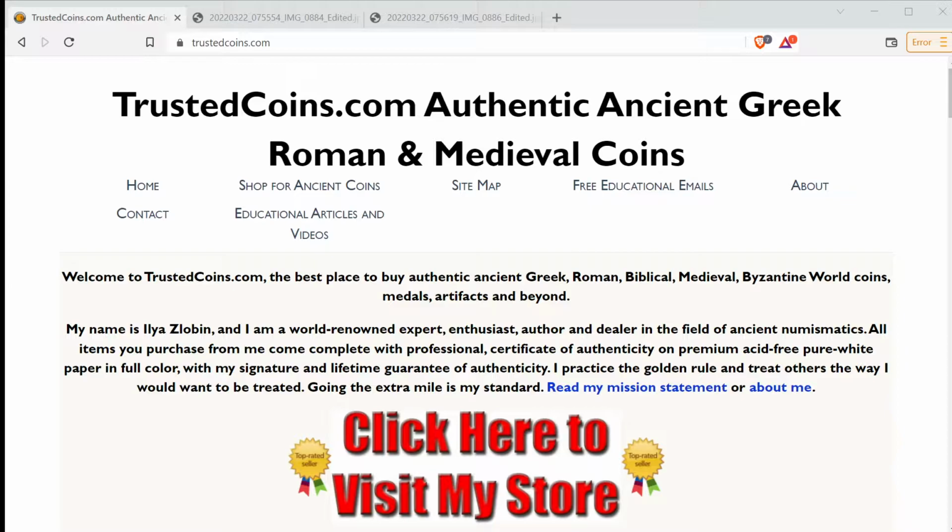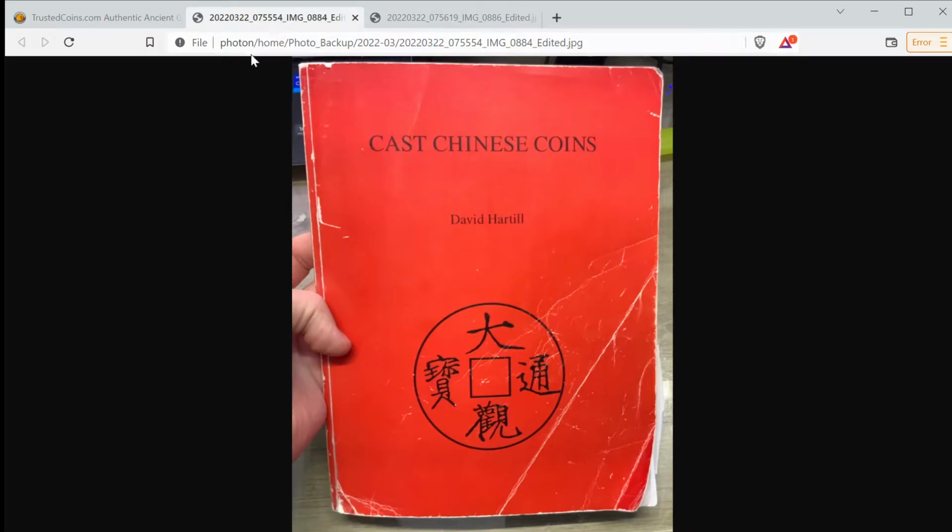This is a very tough topic for a lot of people to get into because of the variety of the different types and the designs on them. But there is an English version of the books, at least of one book. It's called Cast Chinese Coins by David Hardill.